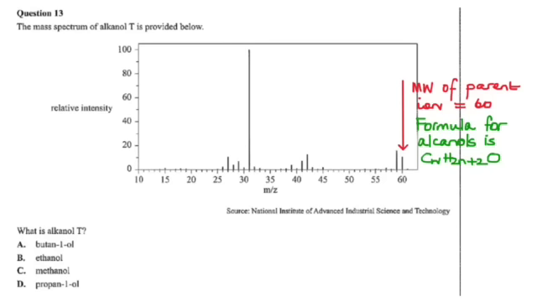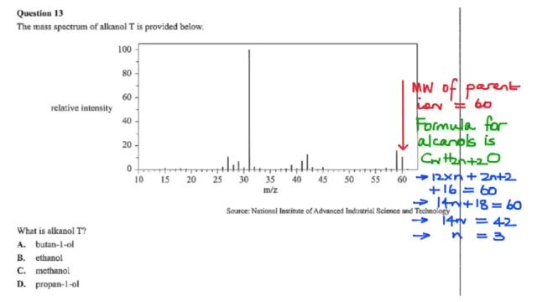CnH2n+2O, and we just go like this. 12 times n for the carbon plus 2n plus 2 for the hydrogens, plus 16 for the 1 oxygen equals 60, and just solve it for n. So you've got 14n plus 18 equals 60, therefore 14n equals 42, n equals 3, and therefore we're looking at propan-1-ol. That was pretty easy, wasn't it? So remember our little formula for alkanols. This one here really helps, okay?